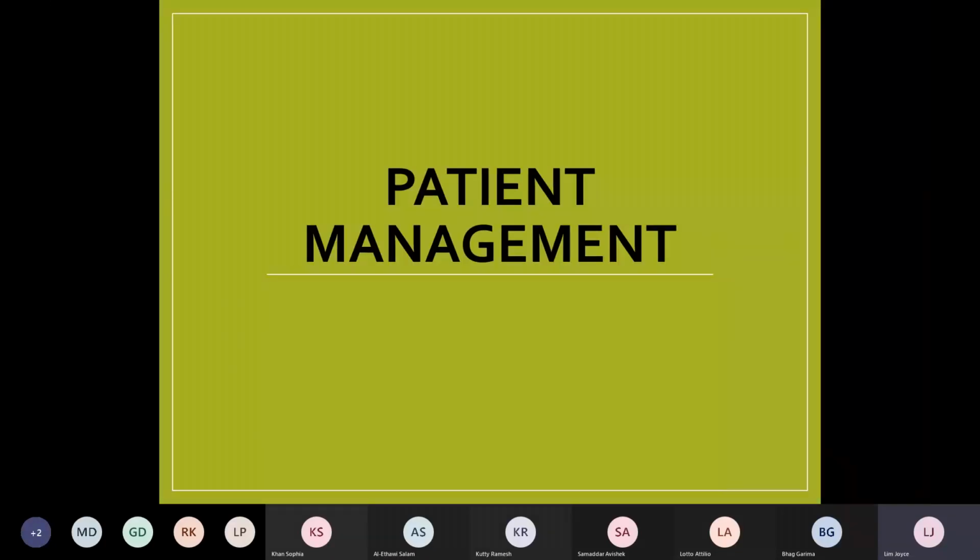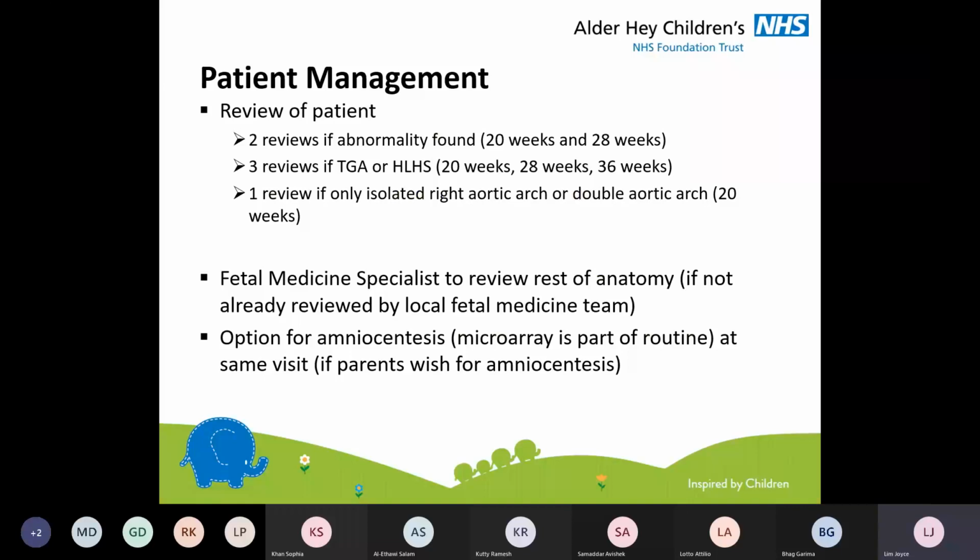So I want to then briefly go into patient management. Roughly most fetuses would be seen at least twice, if not 3 times during the pregnancy, as soon as they have been referred to us between 18 to 20 weeks up to about 40 weeks gestation. Different units obviously do things slightly differently.